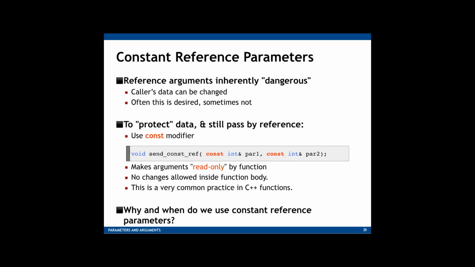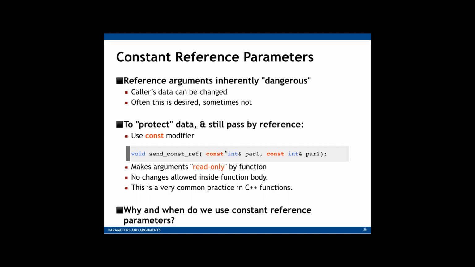Which means the caller's data can be changed by these untrusted parties, which is very dangerous. So if we use a const modifier like this, we can protect the caller's data even though we still pass the reference.